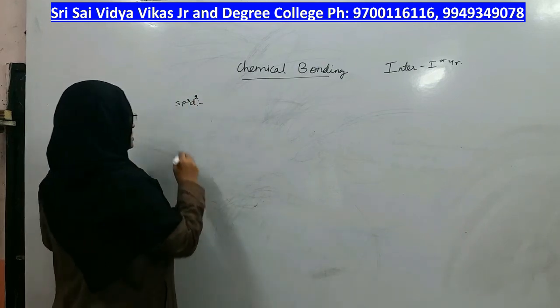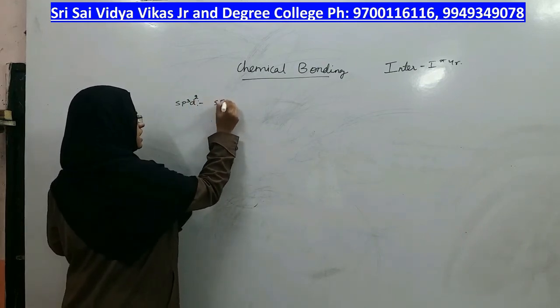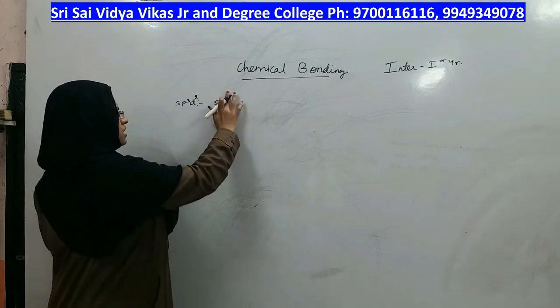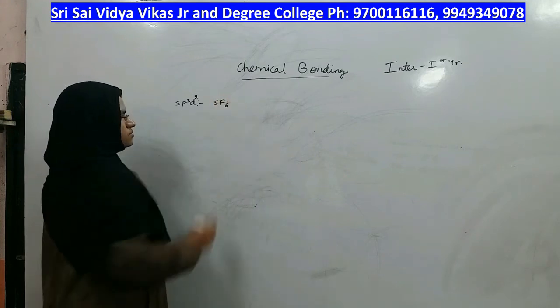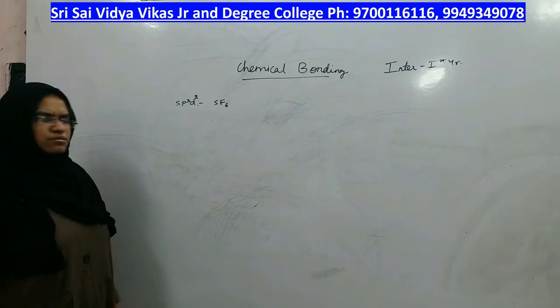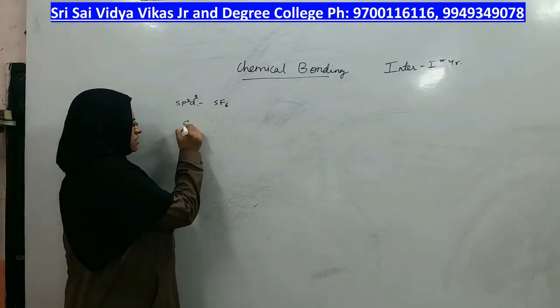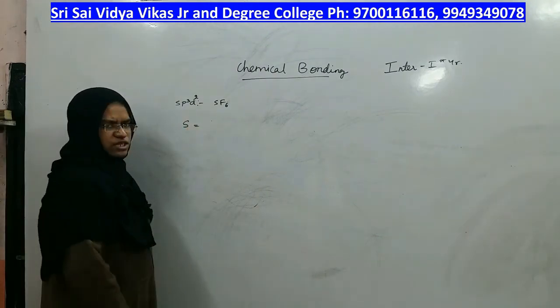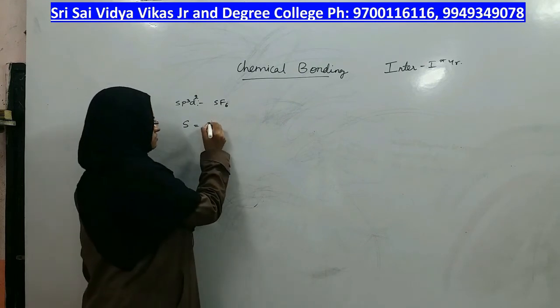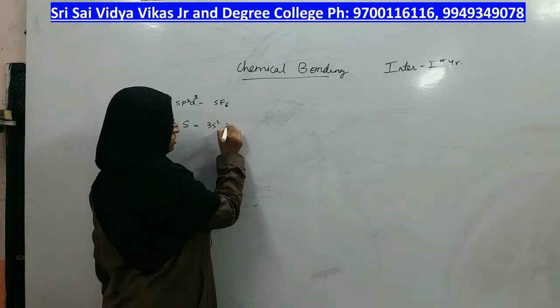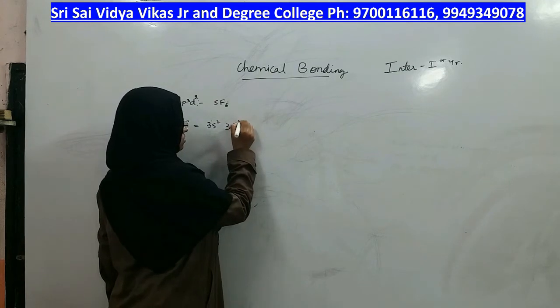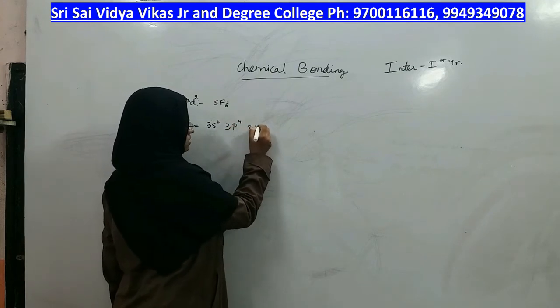Directly we will study the SF6 molecule only, in which the central atom is sulfur. What is the electronic configuration of sulfur? Valence electrons only we will take: 3s2, 3p4, 3d0.